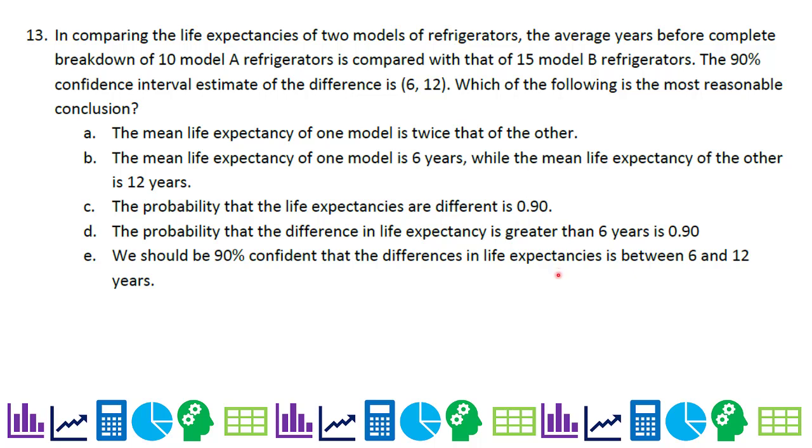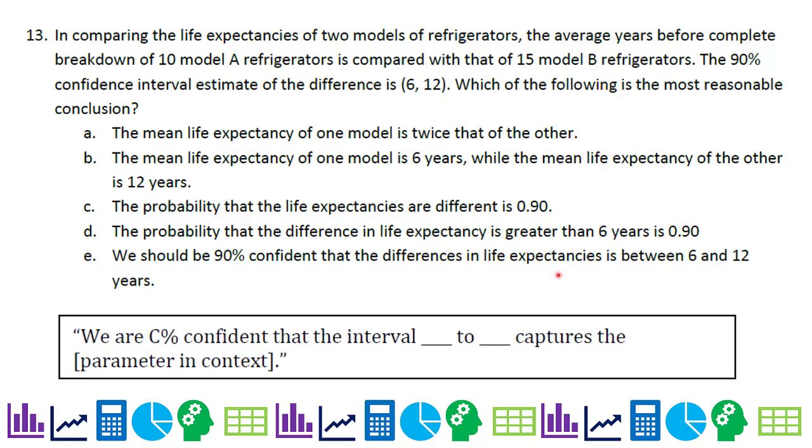Number 13. In comparing the life expectancies of 2 models of refrigerators, the average years before a complete breakdown of 10 Model A refrigerators is compared with that of 15 Model B refrigerators. The 90% confidence interval estimate of the difference is 6, 12. Which of the following is the most reasonable conclusion? Well, first of all, we have our boilerplate.